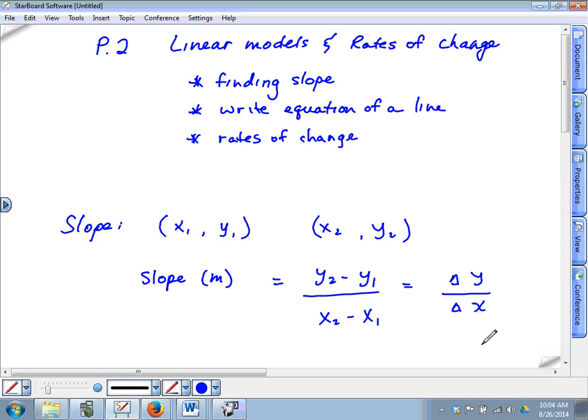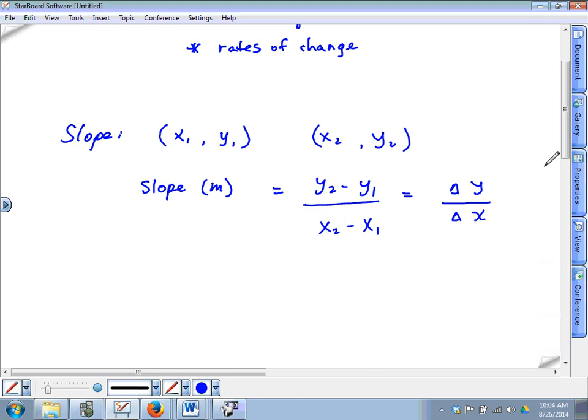It's true except for one case, and what is that? When the line is vertical, there is no slope. That's undefined. So if it's a linear function, then it's going to have a slope because a function would exclude the vertical line. But anyway, what's the slope of a horizontal line? 0. The slope of a vertical line is undefined. The slope of just a normal line is going to have to be found using the formula here.